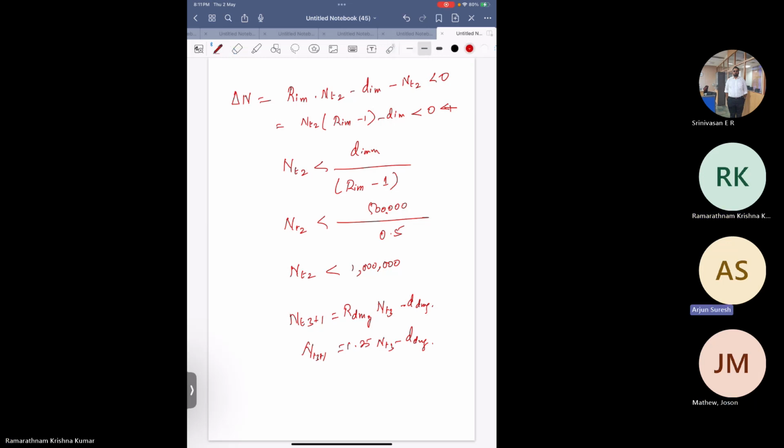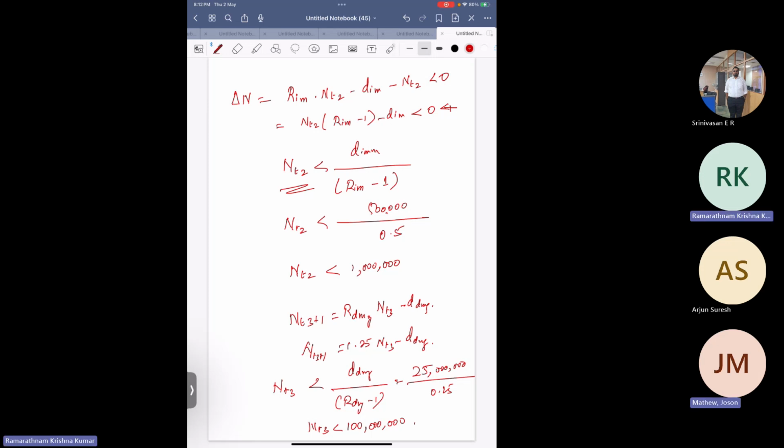The same equation. D drug is 25 million, divided by 1.25 minus 1, which is 0.25. So 100 million.